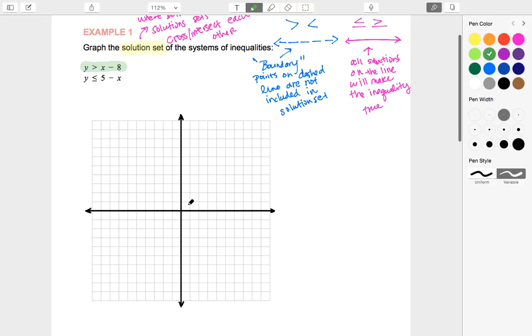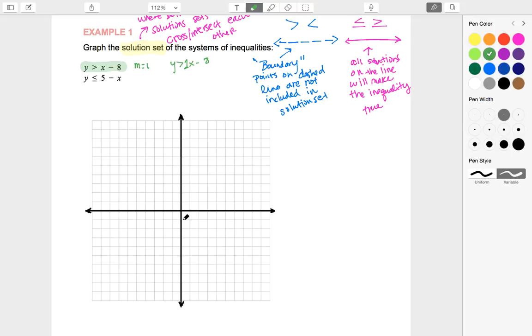But I need to go ahead and at least plot my boundary lines so that way I can figure out where to shade in my solution set. So here, I know that the slope is 1, right? So we know that y greater than x minus 8, you can think of the slope as the number 1 right here. And then I know the y-intercept is negative 8.